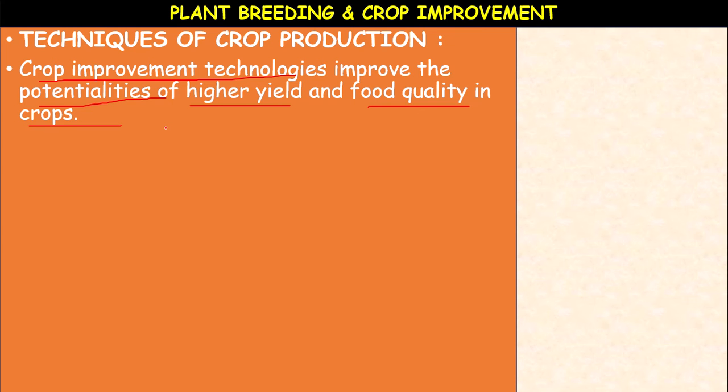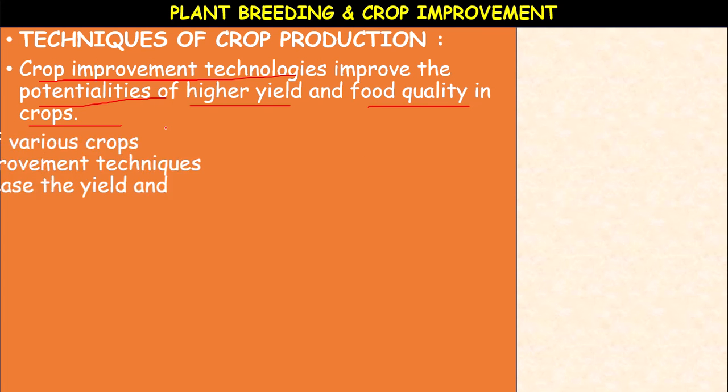Then evaluation and selection of the parents, cross hybridization among the selected parents, the selection and testing of superior recombinants, and testing, release and commercialization of the new cultivars. So, these are all the techniques involved in the crop production.